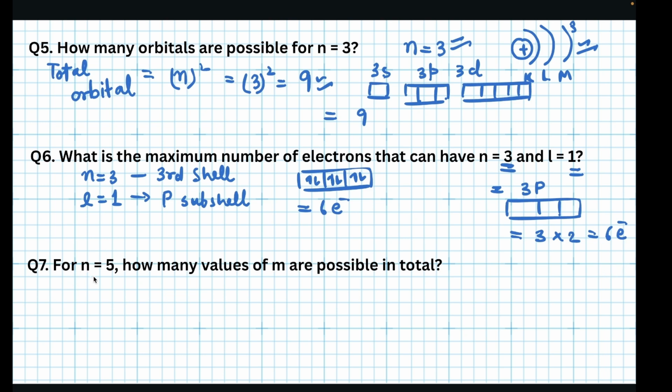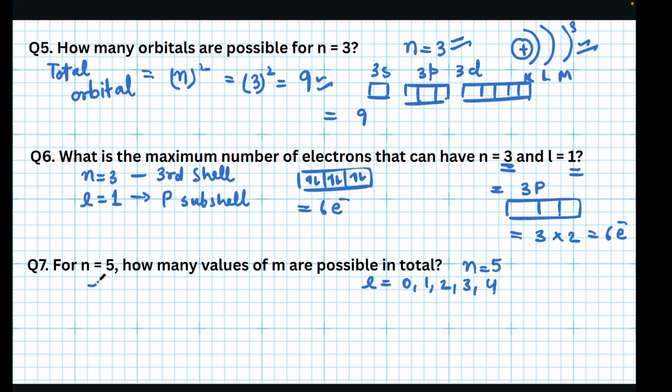Next question is, for n is equal to 5, how many values of m are possible in total? So for n is equal to 5, the possible values of l will be 0, 1, 2, 3 and 4. And we have to calculate the possible values of m for each l value.